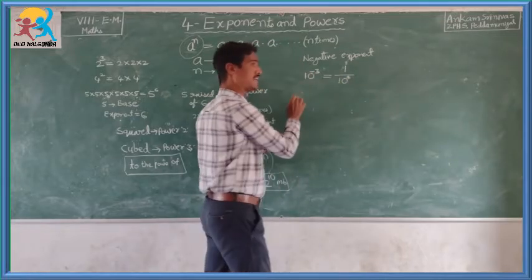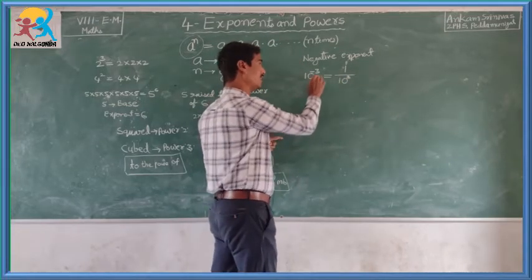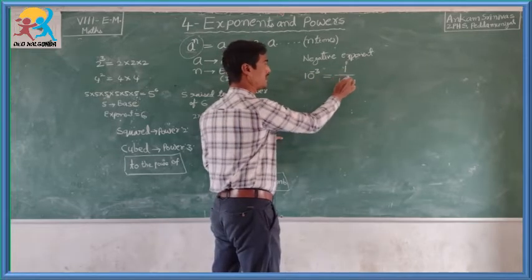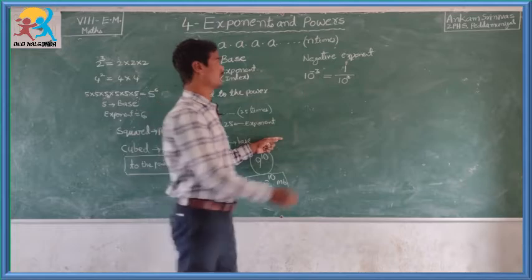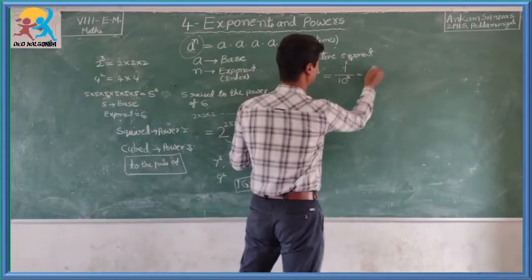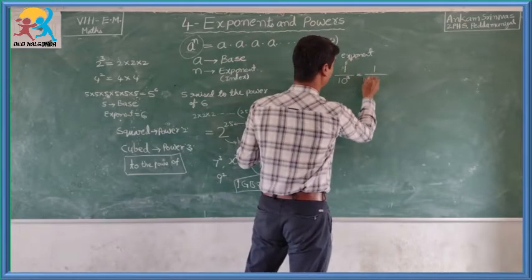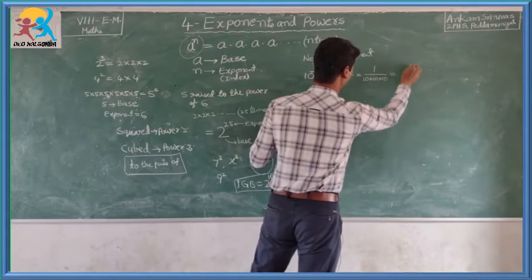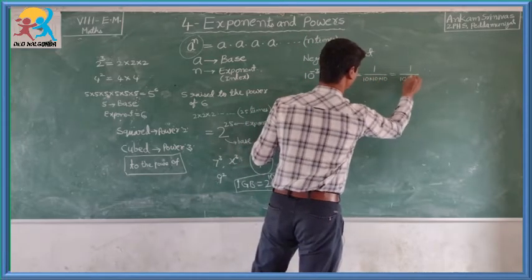Removing the negative sign and writing the multiplicative inverse, 1 by 10 to the power of 3. So we get 1 by 10 into 10 into 10, that is 1 by 1000.